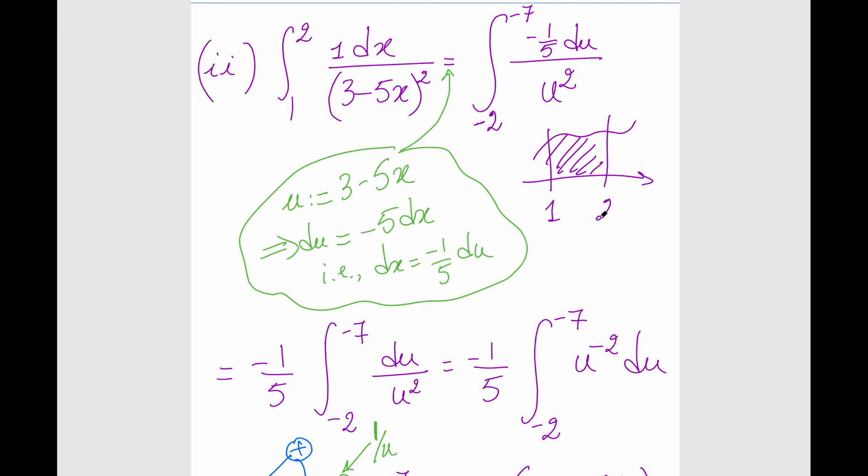Certainly the net area here is positive because there is no piece of this function below the x-axis, so this is certainly a positive number. Correct? All right. Excellent. Let's keep going.